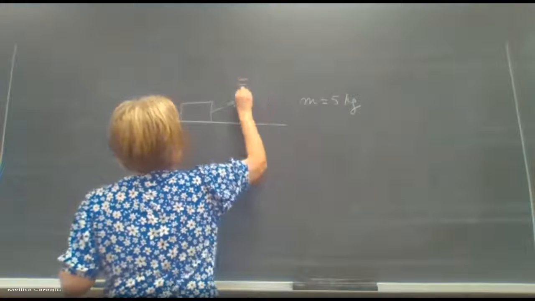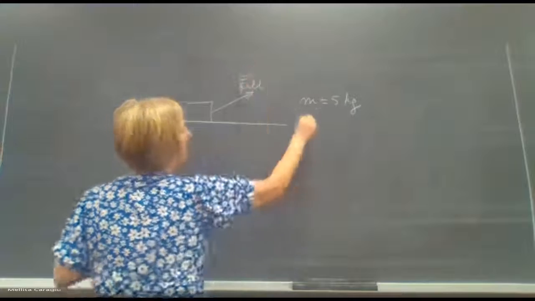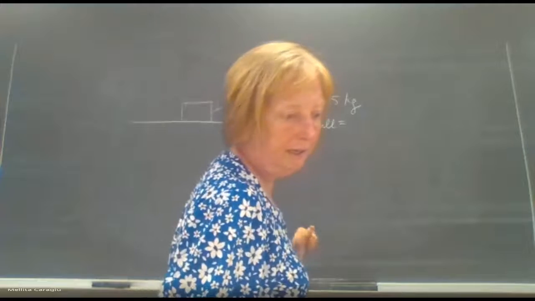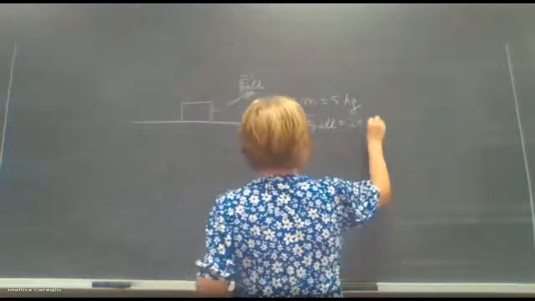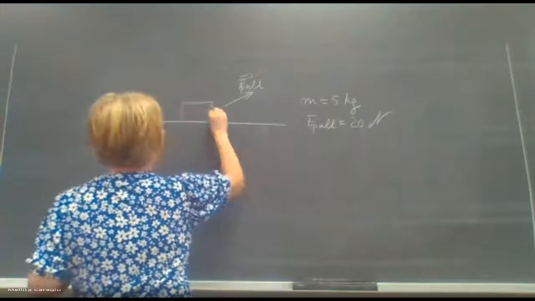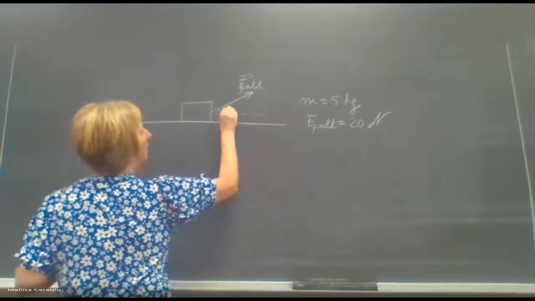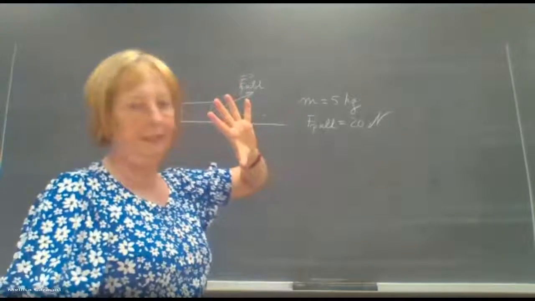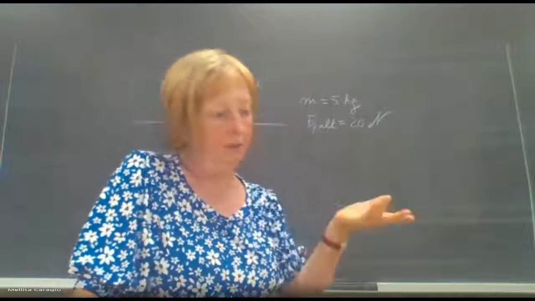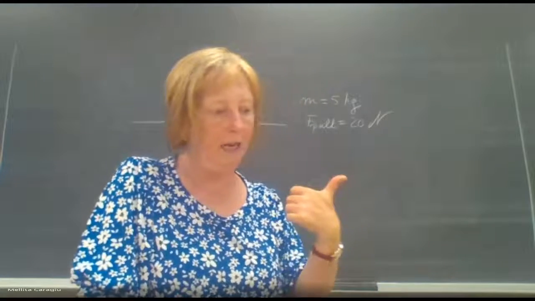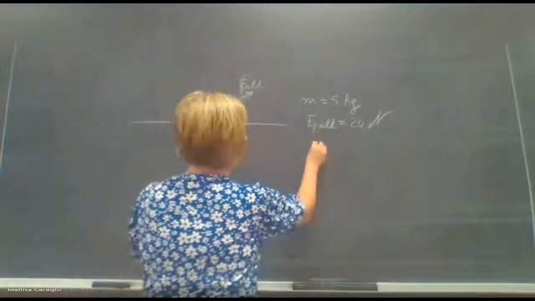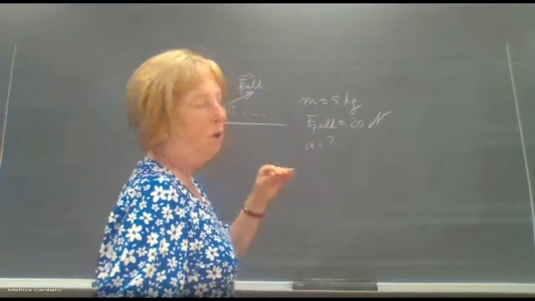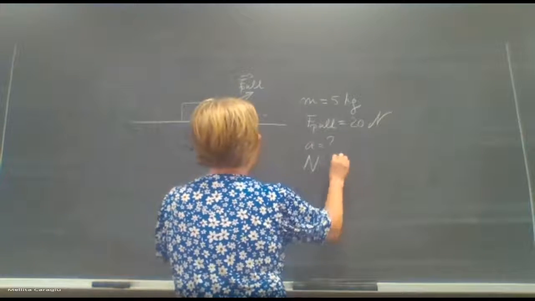You are given this pulling force, which in magnitude is 20 newtons, and it makes an angle of 30 degrees with the horizontal axis. And that's all that is given. The question of this particular problem is to find the acceleration of the object and find the normal force.